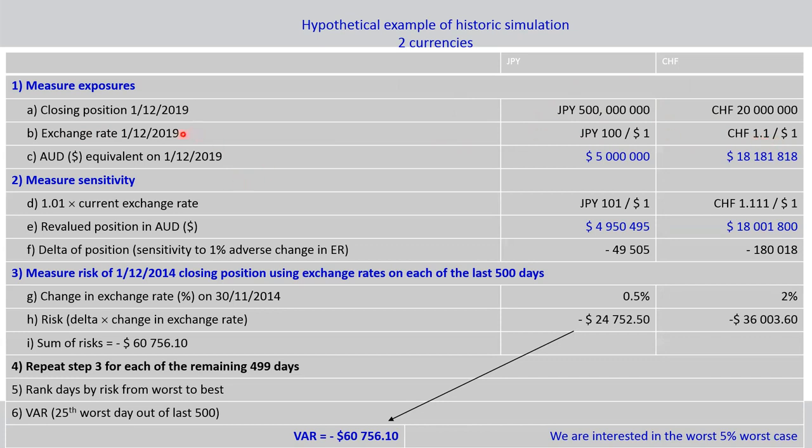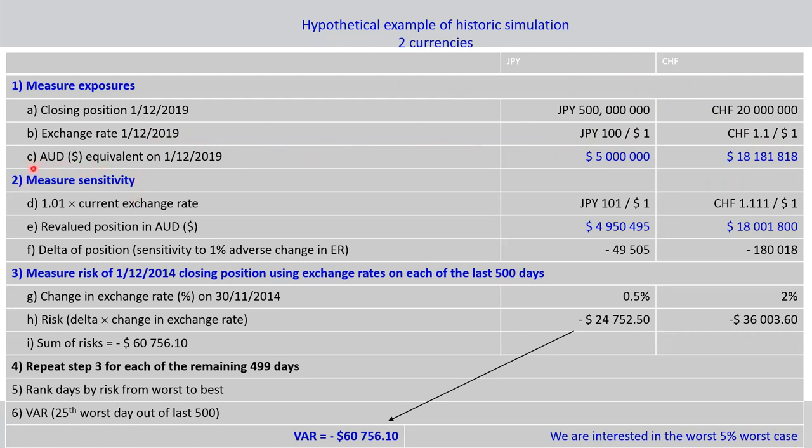That's fine. This is on the 1st of December 2019, for example. Now, how much my holdings in Australian dollars is actually 5,018,081. There is no problem.